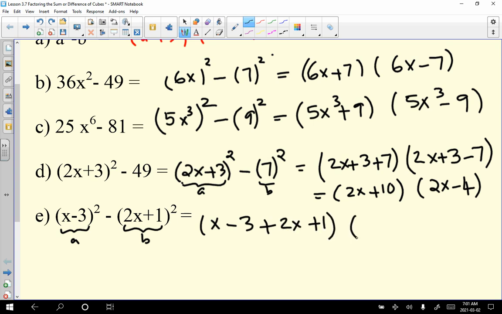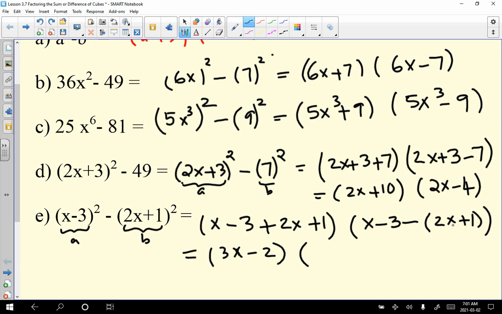But in the a minus b, be careful. The a is x minus 3, but since you're subtracting a binomial, you want to put that in brackets. So minus 2x plus 1. So now here you can simplify it very quickly. 2x plus 1x is 3x, and negative 3 plus 1 is negative 2.